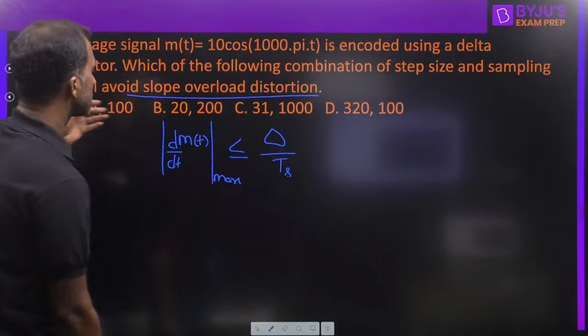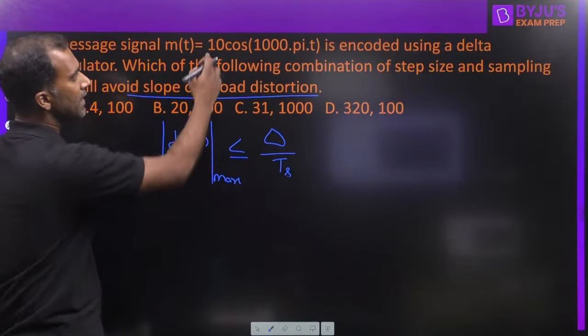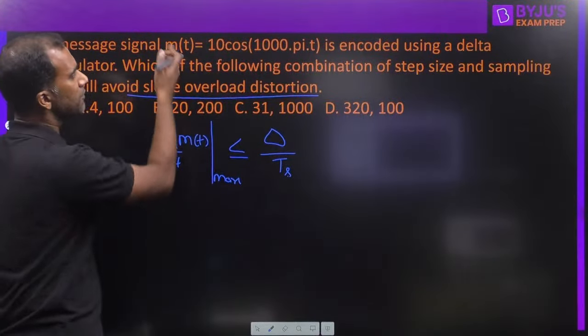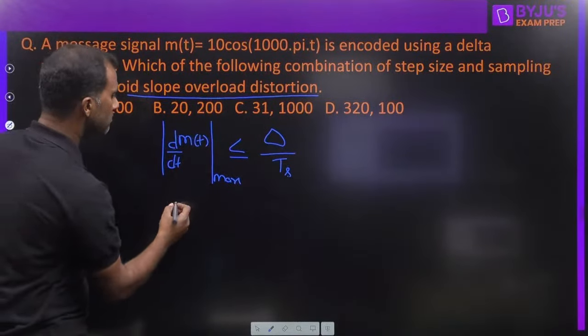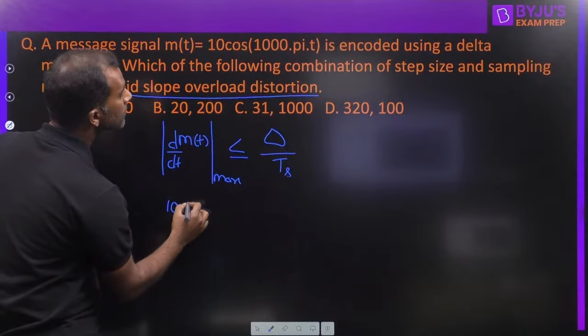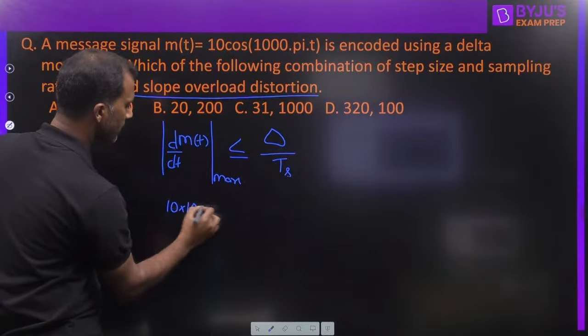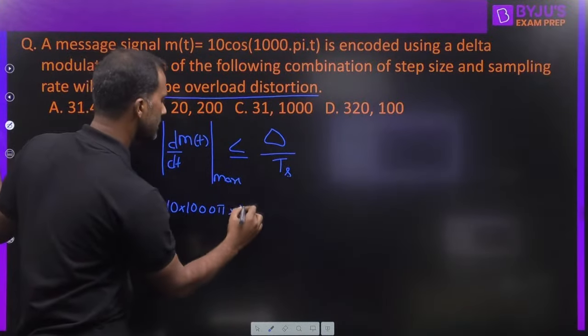Right. Let us substitute. So what is the maximum magnitude of the slope? We can derive a formula also: Am cos omega m t. If you take the differentiation, we get the maximum magnitude as Am into omega m. If you want, you can just go with the basics also. If you differentiate, it will be 10 into 1000 pi into cos, and differentiation gives a minus sign.